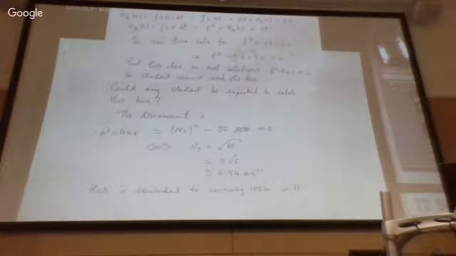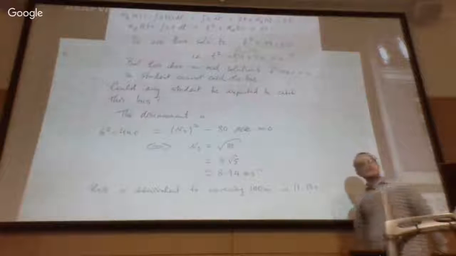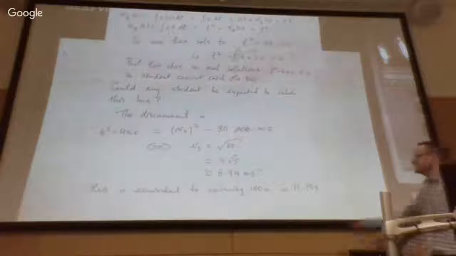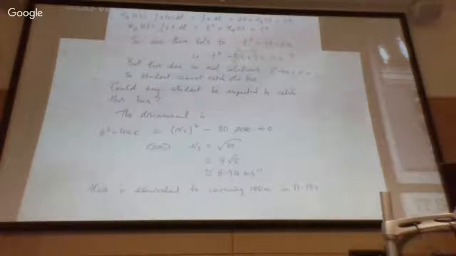That is covering 100 meters in 11.18 seconds. Can anybody in this room do 100 meters in 11 seconds? It's not beyond the realms of possibility; that's a reasonable college sprinter, I'd say. A reasonable young athlete.